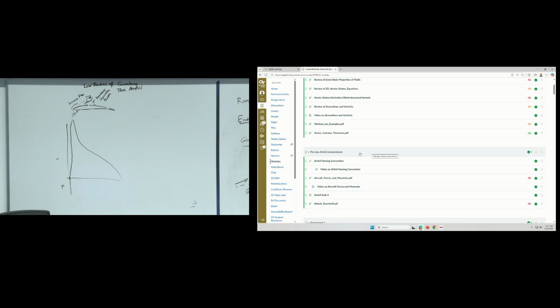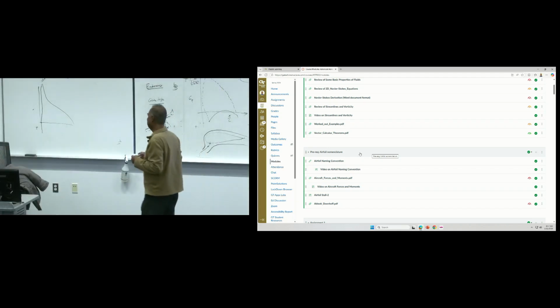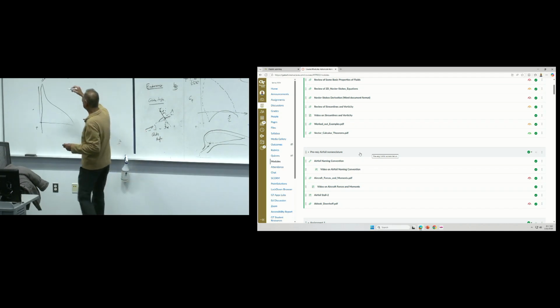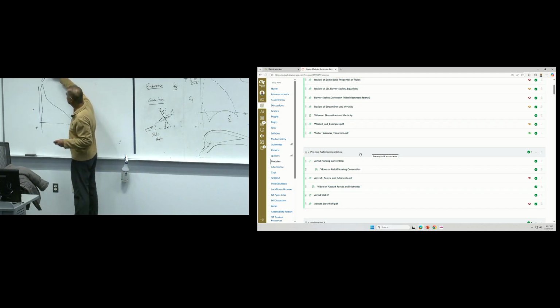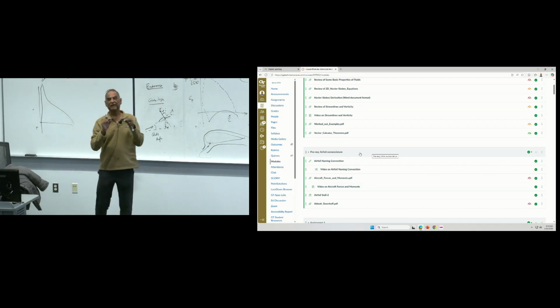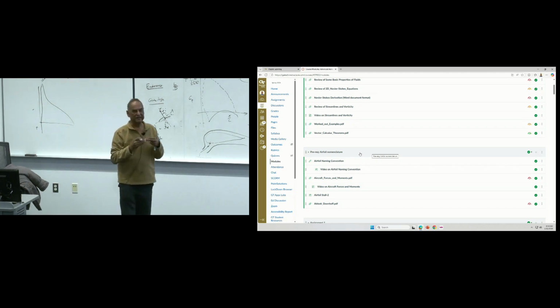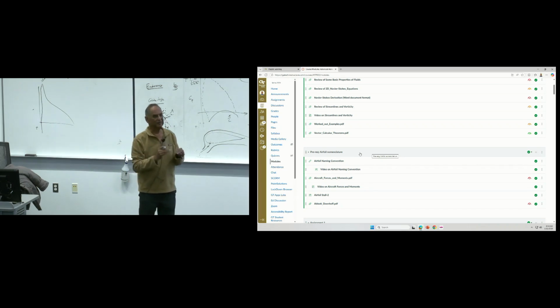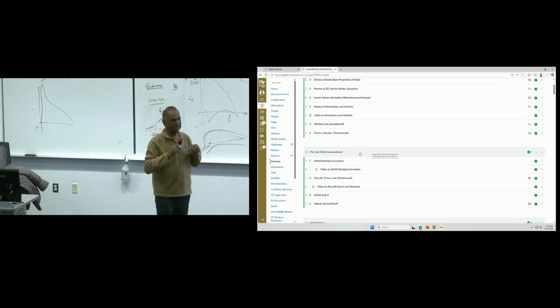There's a theory by Lord Rayleigh that says a velocity profile that has one kind of curvature, think of it as a convex curvature followed by a concave curvature, has an inflection. When the velocity profile has an inflection, it is inherently unstable. If you give a small disturbance, it will become turbulent.